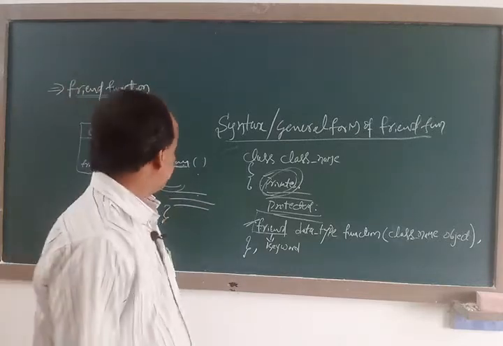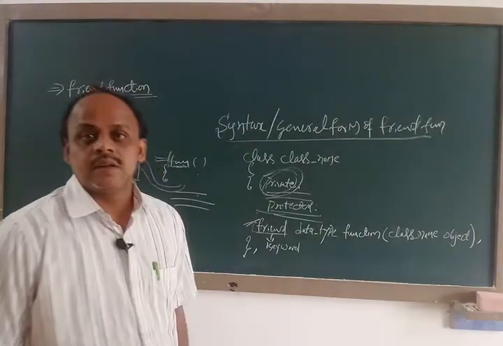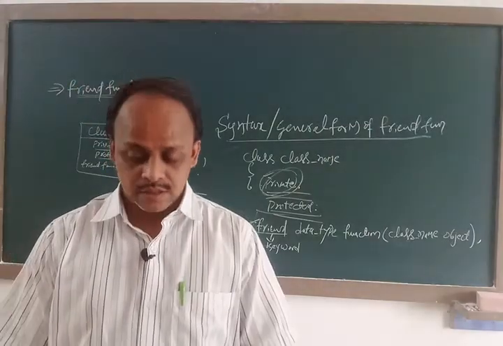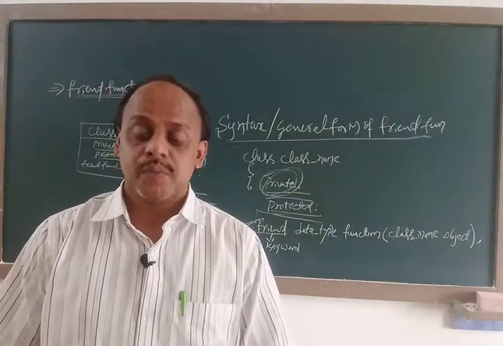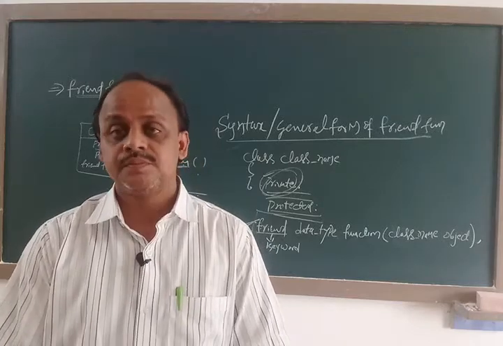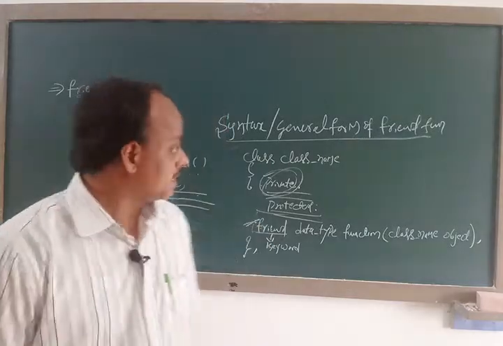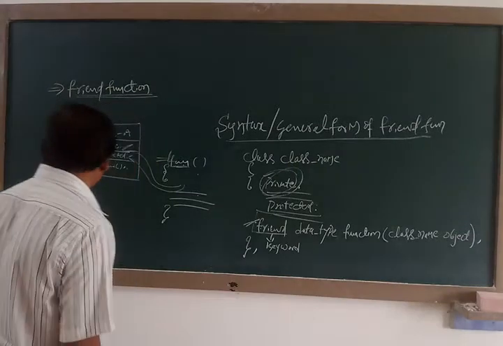So these 5 points represent the characteristics, the properties of a friend function. And next let us see the advantages of a friend function.